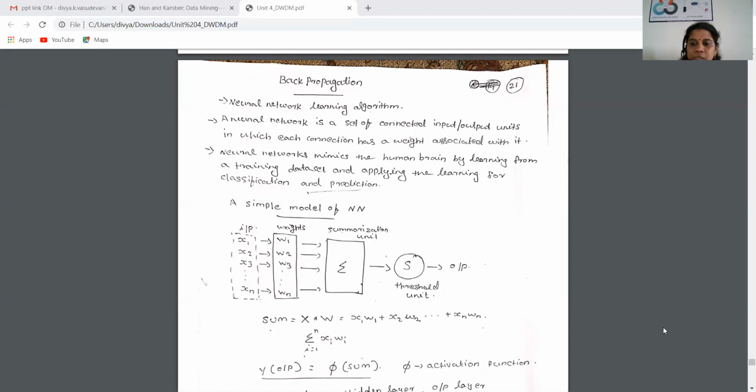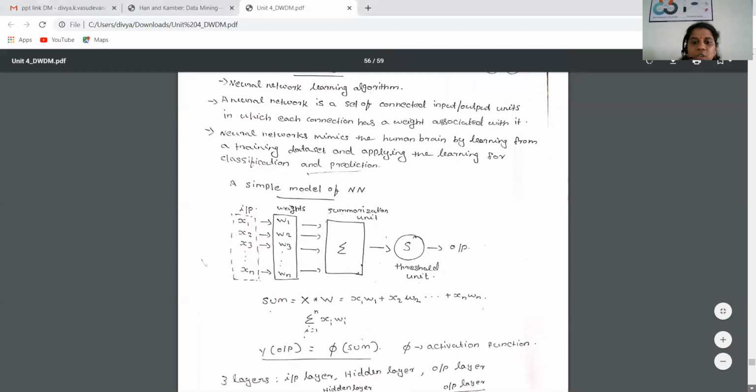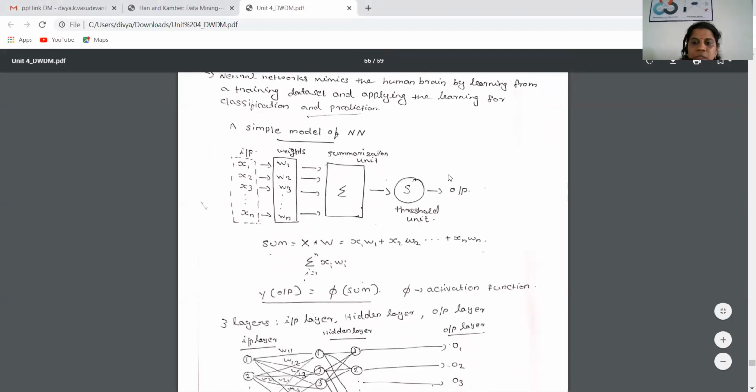That summation is applied to a threshold unit, and then we get the output. We can represent the output y as the threshold function phi of sum. Phi is called an activation function. So the output is equal to the activation function applied to the sum.